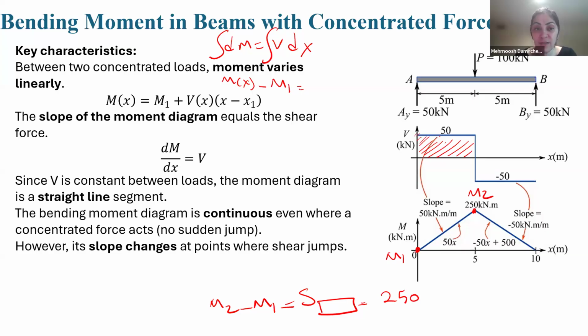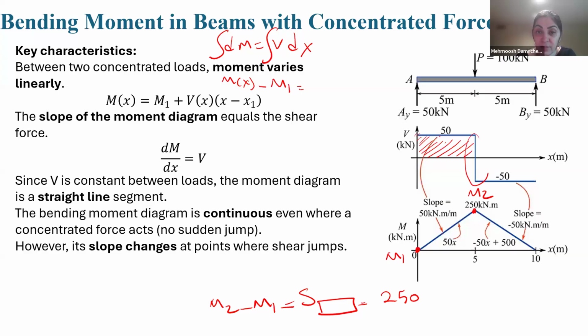What is the order of that? Do you remember that we said the derivative of M is V, so M is linear. The derivative of a line should be a horizontal line or a step line, okay? So it reaches 250. We don't have any discontinuity in the bending moment when we reach the concentrated load.